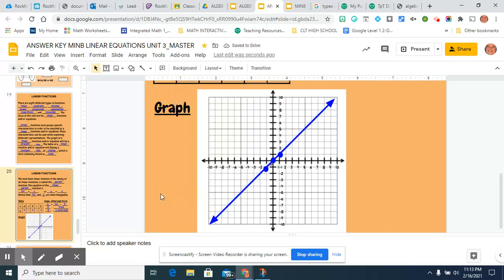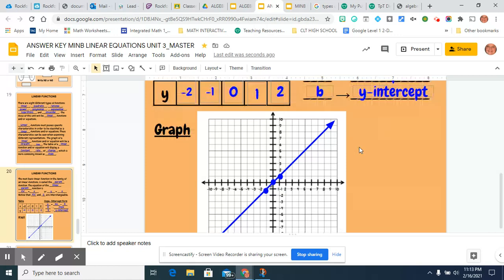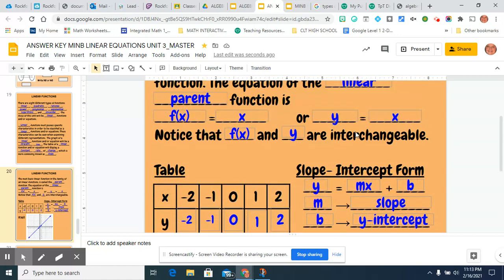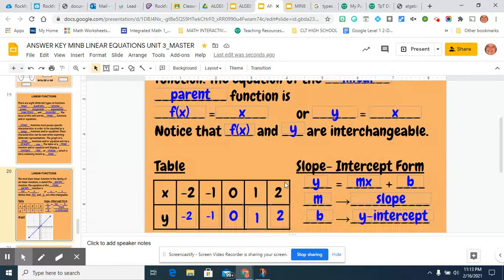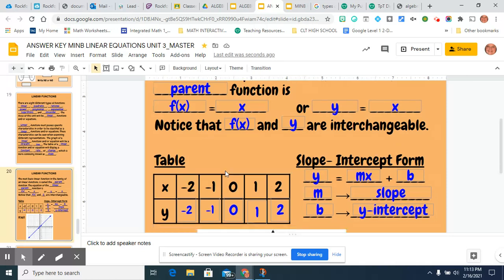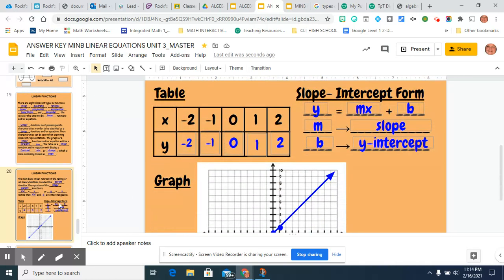So this is what the line of the parent graph would do, and that's based on the equation that looks like y equals x, or f of x equals x. So what happens when I make changes to that? That's what I need you guys to explore in your guided practice.